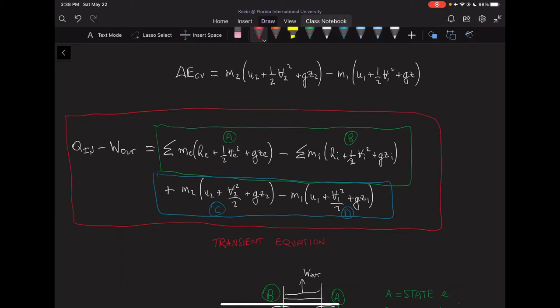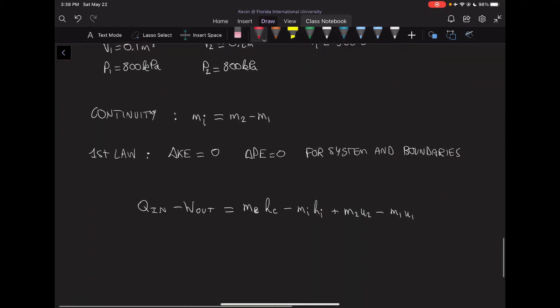I could also use Q dot and W dot, but usually when you have a transient system, you want to use your actual values for work and heat in, not your rate values. But sometimes you'll have to use your rate values. So you can use both equations, but for the transient process, we usually use non-rate values, so without the dots at the top. Okay, just making sure that that's clear.